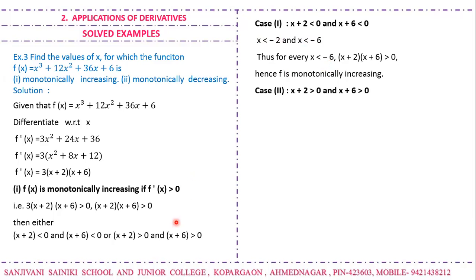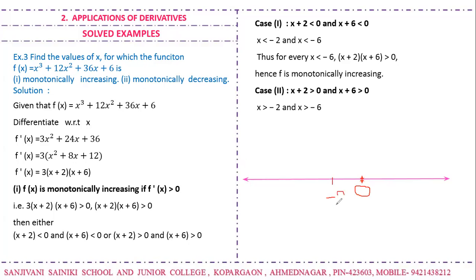Now we will go for the second case. x plus 2 is greater than 0 and x plus 6 is also greater than 0. Again I will show it on the graph of the real line. I choose this as 0.